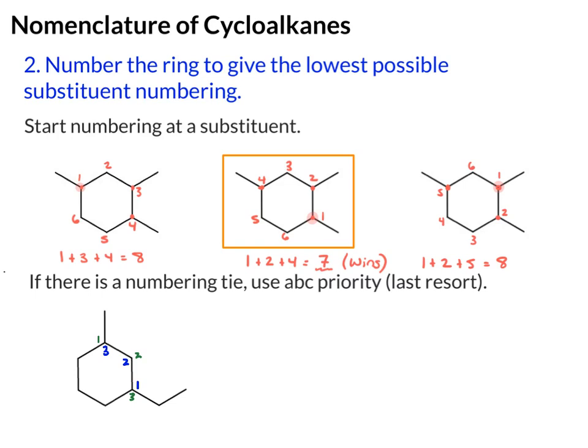So in this case, use alphabetical priority to break the tie. Is it better to have a 1 for the methyl, or is it better to have a 1 for the ethyl? E beats M alphabetically, so we want the 1-ethyl, and that'll be the 3-methyl. So this numbering scheme in blue is our preferred scheme.